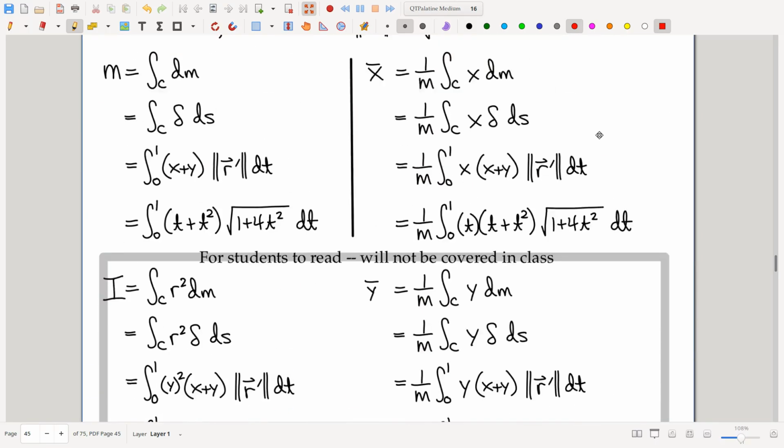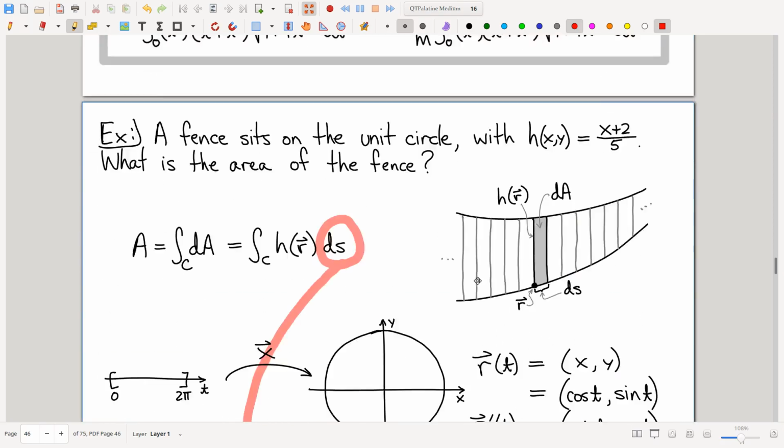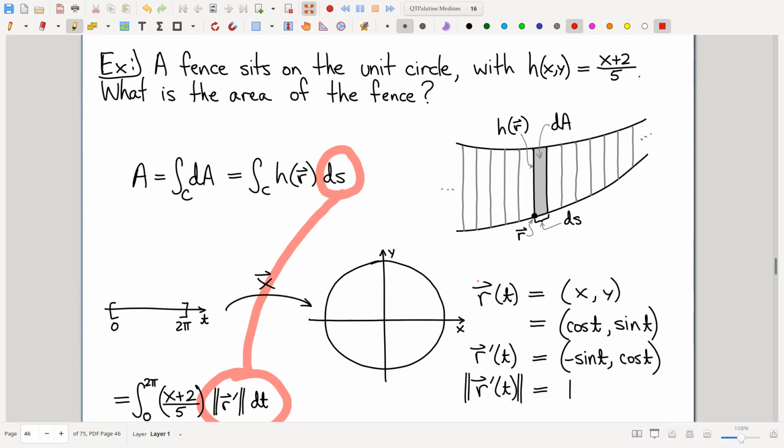Let me remind you, come back to here. The stretching factor is the derivative of my parameterization, specifically the magnitude of the derivative of the parameterization. This curve did not come pre-parameterized.